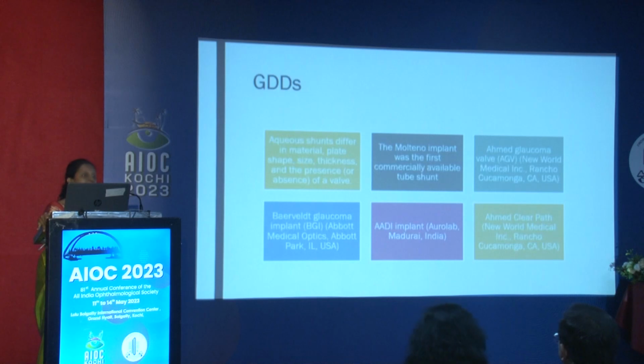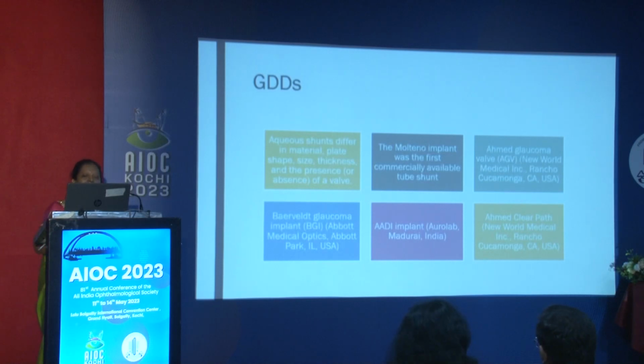In fact, in the 1900s itself, many techniques were tried. In 1906 horsehair was tried, then suture materials. All these were to have a conduit between the anterior chamber and the subconjunctival space. However, the first commercially available implant was the Molteno implant. And as you all know, the aqueous shunts could be valved or non-valved, and they vary in material, size, and shape.